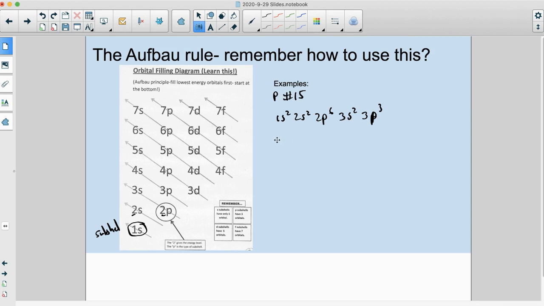All right, what about a transition metal, let's take something like chromium. If we look on the periodic table, it's next to manganese, it's number 24, so it has 24 electrons.